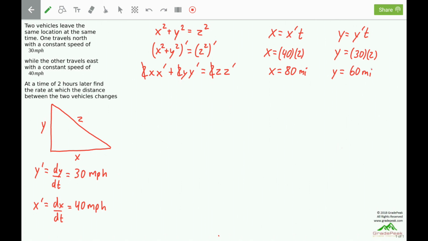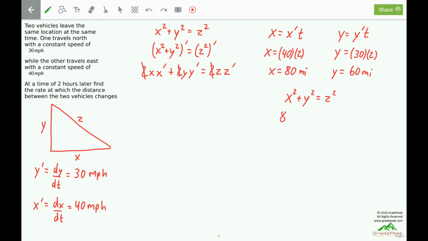The last thing we need is the z to also go into the formula so that we can solve for z prime. But we have a related variables formula here. So if you have 2 of the 3, you can always find the third one. So now that we have the x and y figured out, we can plug them into the Pythagorean theorem.